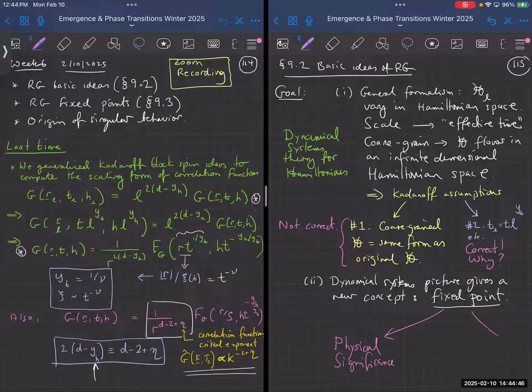And moreover, when we get to the fixed points, these fixed points control the values of the critical exponents.